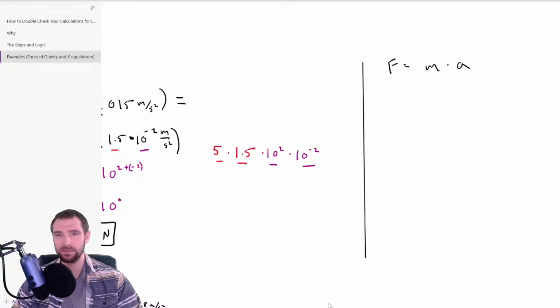Maybe let's say now the force is 5 times 10 up to the 8th power newtons. And then our mass is going to be 2.3 times 10 up to, let's say, the 3rd power. And this is going to be kilograms, and that's equal to whatever acceleration we're experiencing.